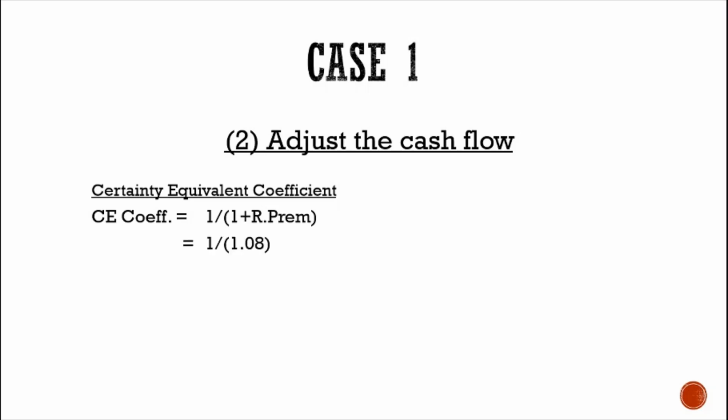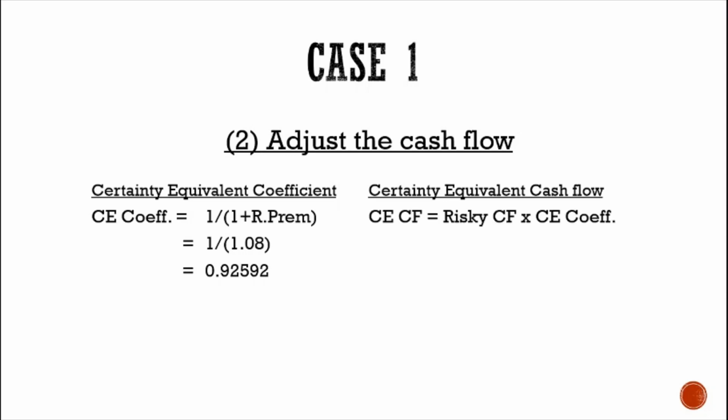In this case, it is 1 over 1.08, considering the 8% risk premium. The certainty equivalent coefficient is 0.92592.